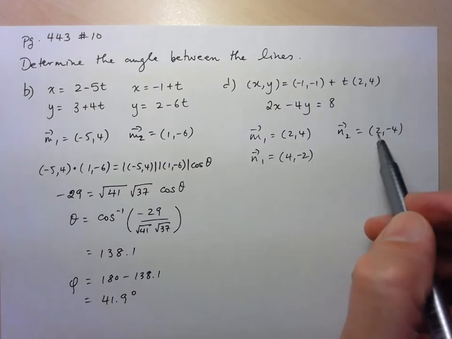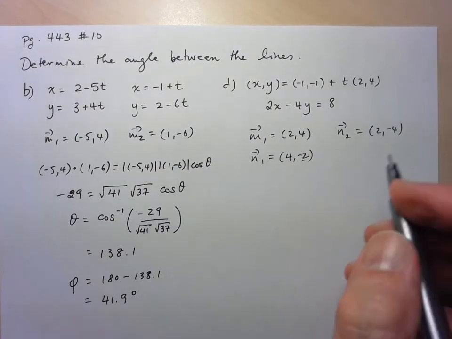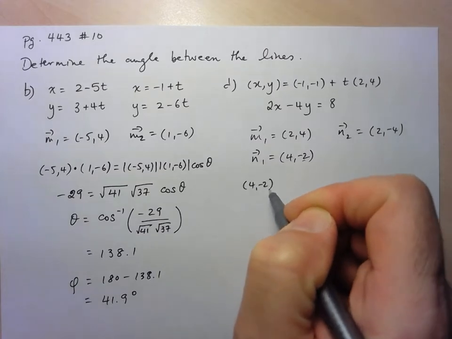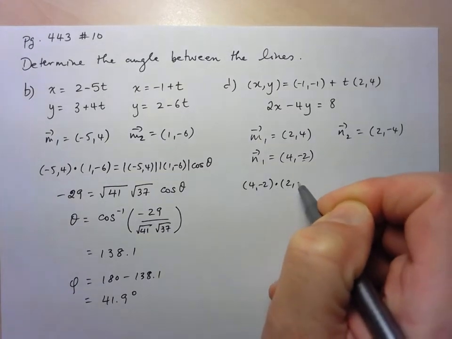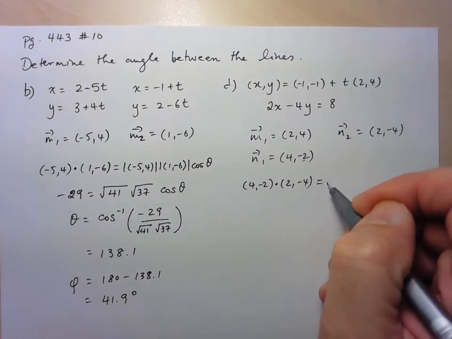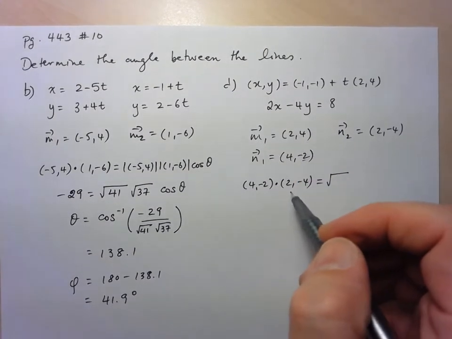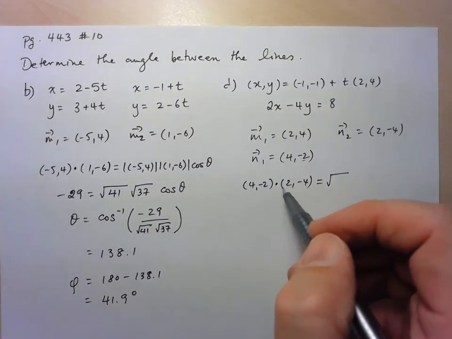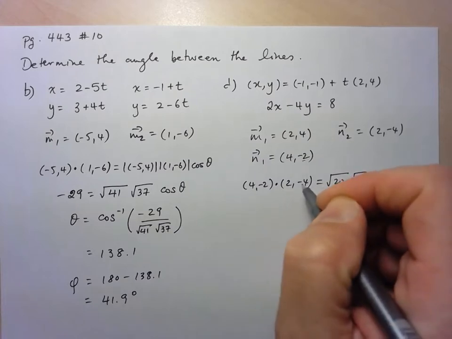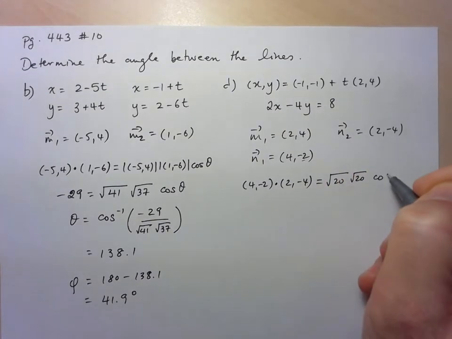Now I'll work with these two vectors and do the same as before, taking the dot product. So 4, negative 2, dot it with 2, negative 4. I'm going to get the same magnitude: 16 plus 4 is 20, and here again 4 plus 16 is another 20, times cos theta.